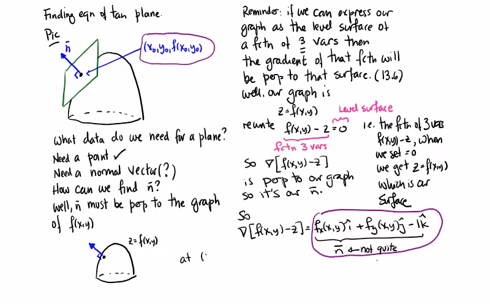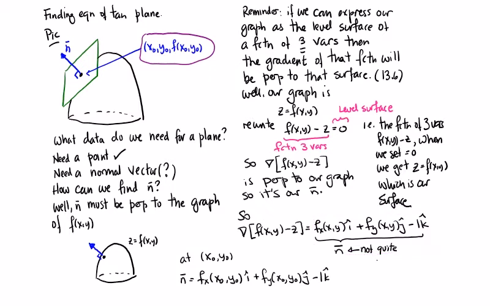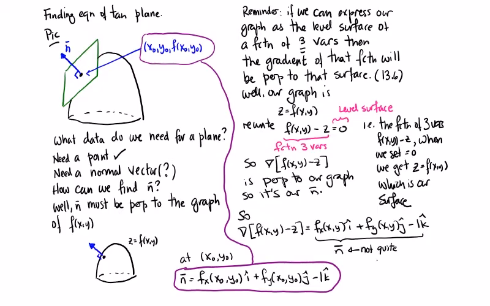So at x0, y0, we need to plug in our point. So that's our n. This is the one we want. I'm going to clear the screen and combine those two to create the equation of a tangent plane. And then we can write down our final formula and look at an example.